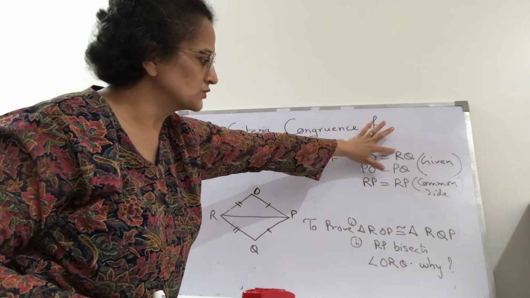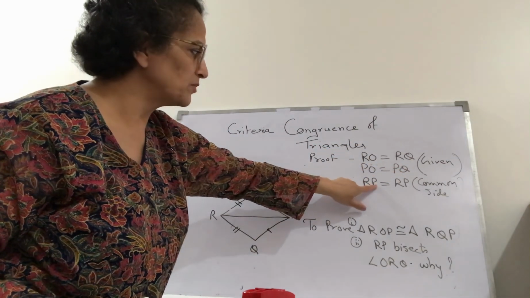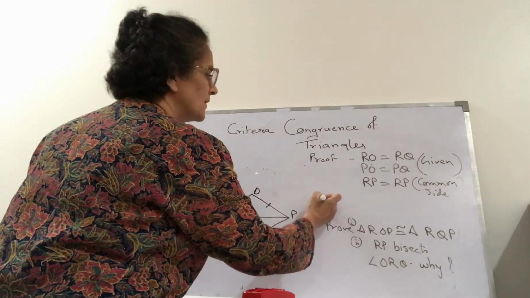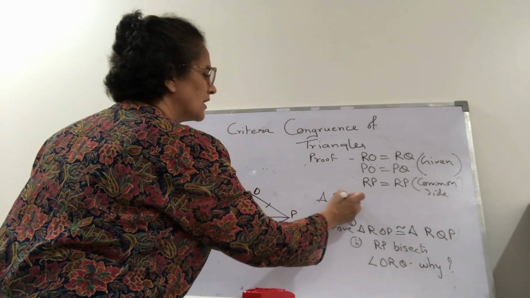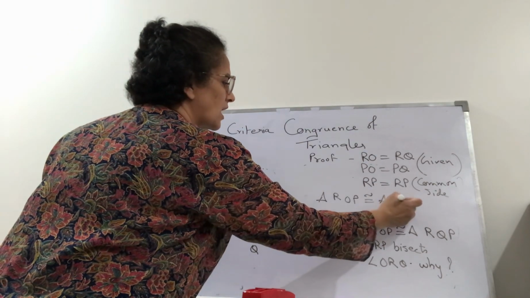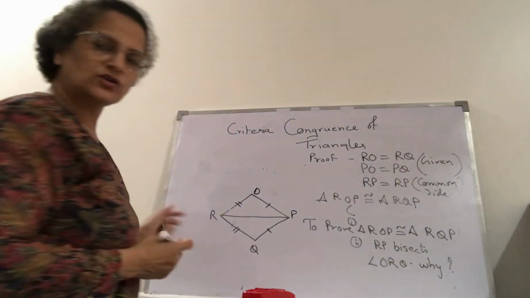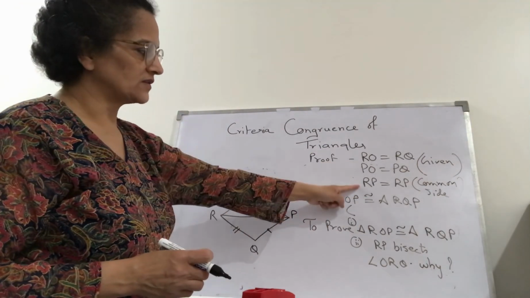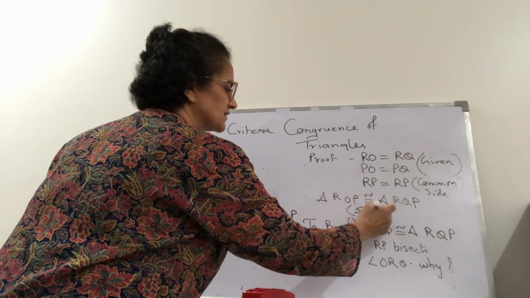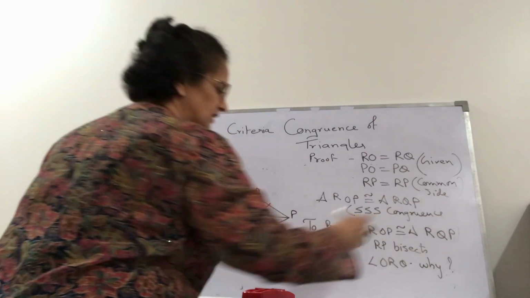You can also see that R corresponds to R, O corresponds to Q, and P corresponds to P. So after this you can write triangle ROP is congruent to triangle RQP, and you must mention the criterion you have used. I have checked the three sides and got them to be equal, so you can write SSS congruence criterion.